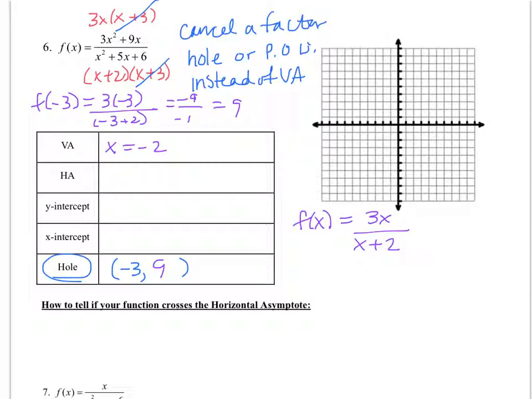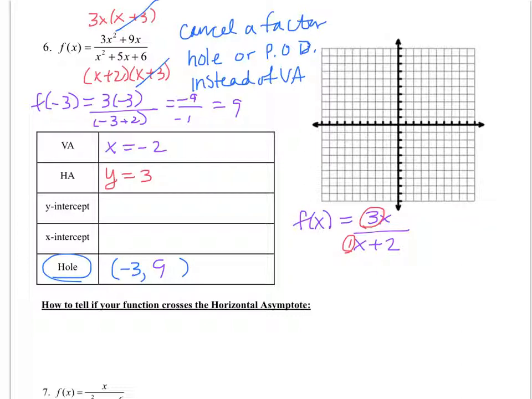So no longer are we going to consider the original, unless we are going to the graphing calculator to test our theories. Okay, looking at this, the ratio of the coefficients is 3 to 1, which means that my horizontal asymptote will occur at y equals 3.